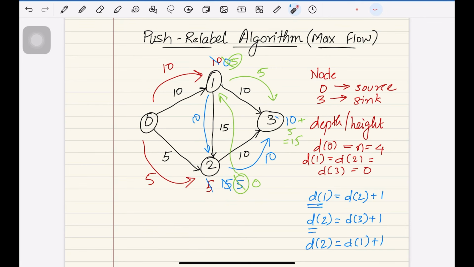In this way we can send information from one node to another node, and the maximum information can be sent. In this case the value is 15, which is the maximum flow that can be sent from source to sink. So this is what the algorithm does, and this is what I wanted to show you in this video. Thank you.